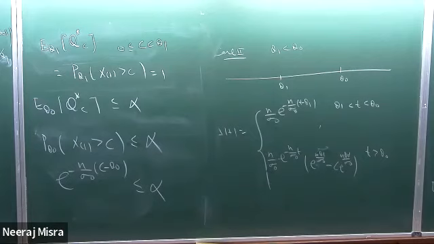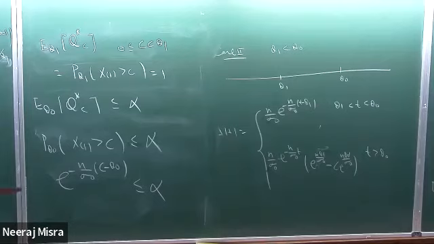So that means this quantity should be 0. This would be 0 when C is infinity, right? So the best test again turns out to be phi star C is 0 when x1 is bigger than theta naught. Right?